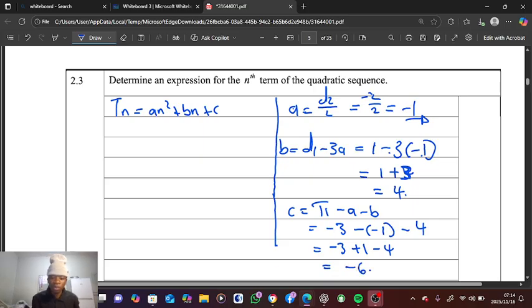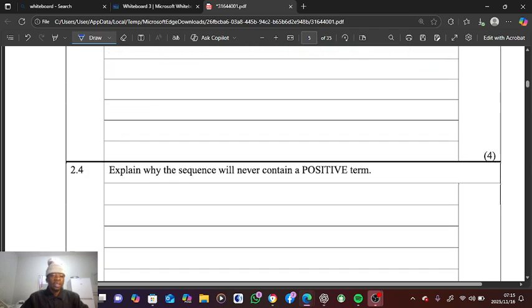So we're going to substitute our values here. Tn is equal to negative n squared plus 4n minus 6. Then for 2.3, we are done.